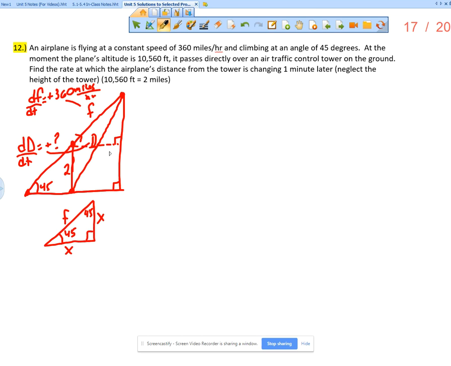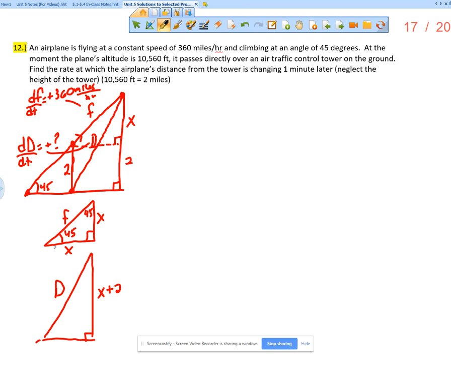So now if I go to the other triangle, this larger triangle, where D is the hypotenuse of it, then this longer side here is actually just x plus 2. Because this is x here and this is 2 here, so the total distance is x plus 2.